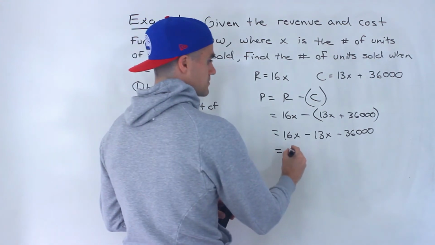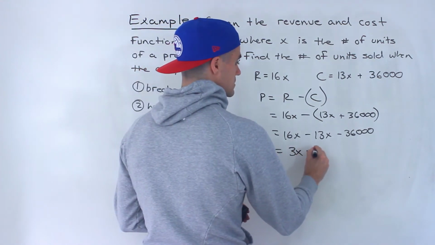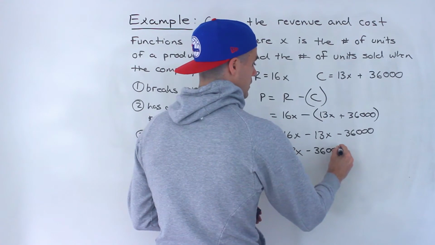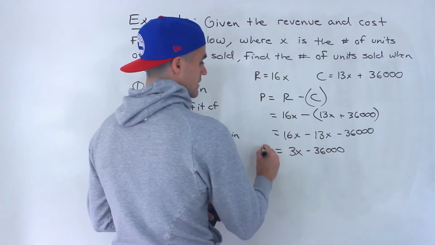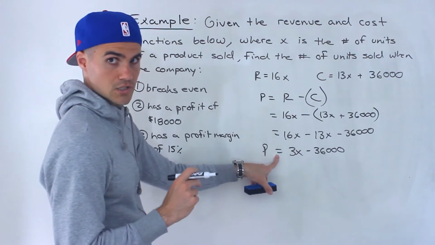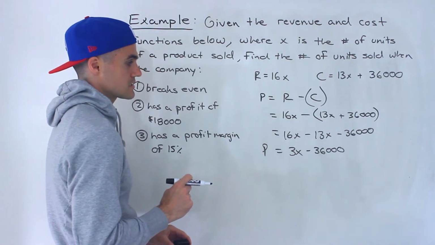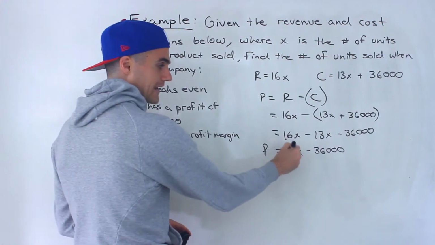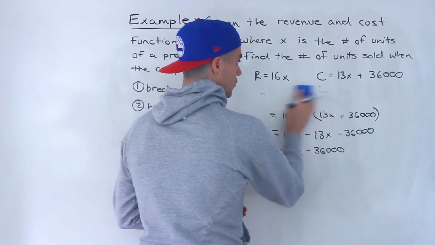Notice 16x minus 13x would give us 3x. Now we got minus 36,000. So the profit function, given this revenue and cost, is 3x minus 36,000. That would give us the profit for any number of units sold.